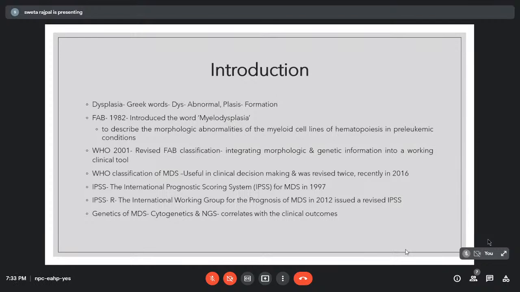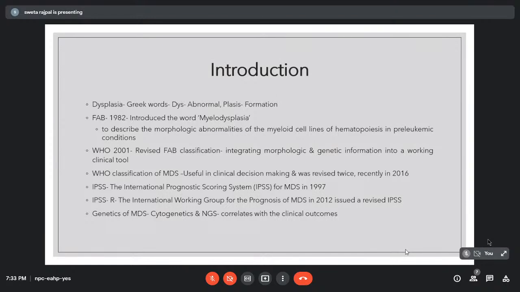And for prognosticating MDS, an International Working Group for Prognosis of MDS was formed in 1997, and they came up with one prognostic score, which was revised in 2012, and it is a very simple and reproducible tool for prognosticating MDS patients.